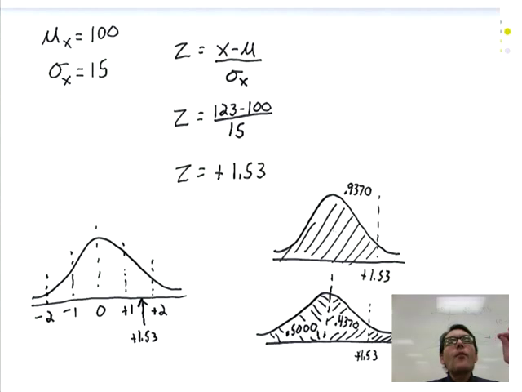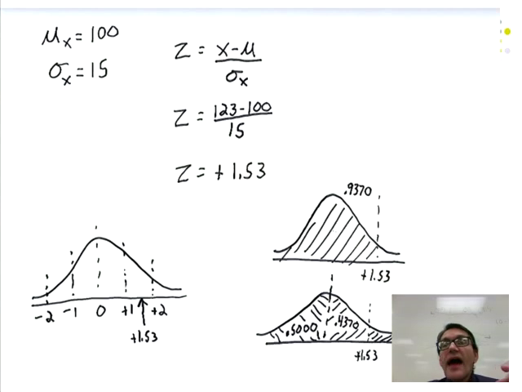I want to know the raw score of 123. So I will take those 3 numbers, the raw score of 123, the mu of 100, the sigma of 15, and convert that and create 1.53. So 123 minus 100, divided by 15, gives you 1.53.